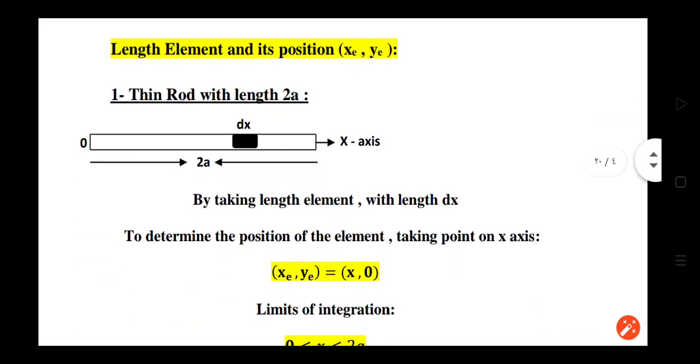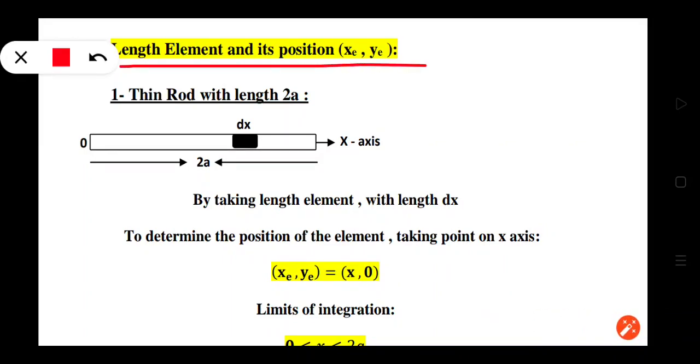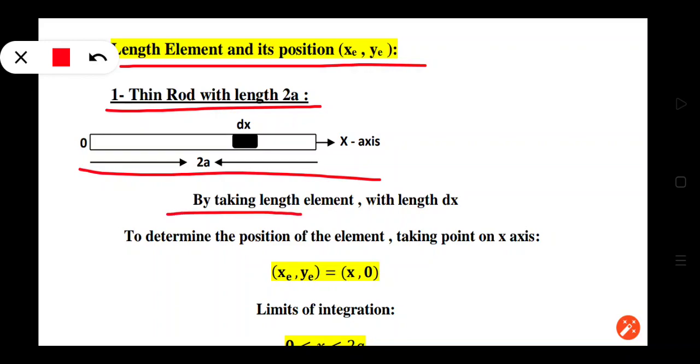Firstly, let us talk about the length element and its position x_e, y_e. First, for a thin rod of length 2a. Let us have a rod of length 2a. On this rod we take a length element of length dx.